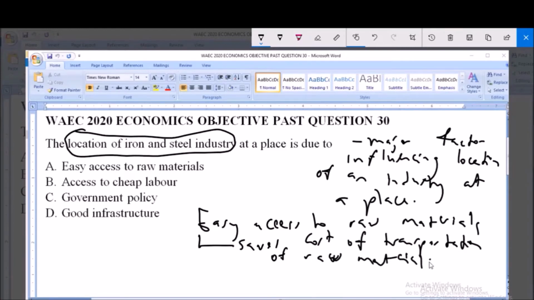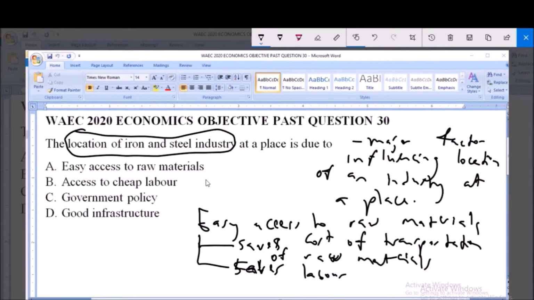If you have your industry where you have easy access to raw materials, it will significantly save you the cost of transporting raw materials to the industry. It will also save you labor in terms of transporting and obtaining the raw material.